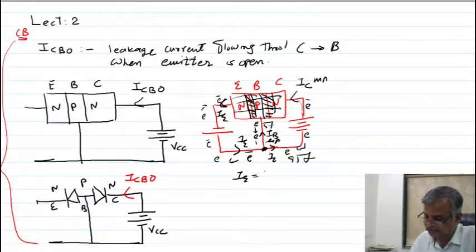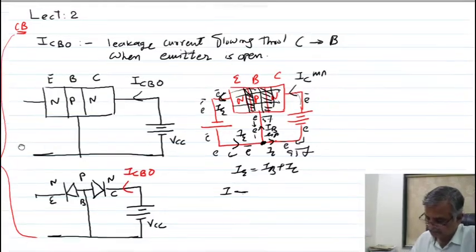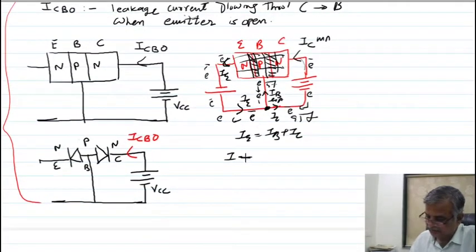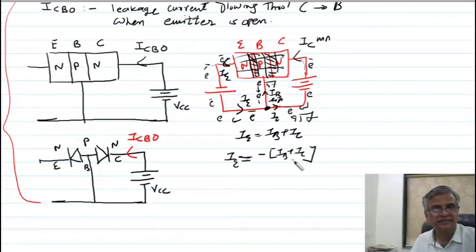So we have written IE is equal to IB plus IC, or we have written IE is equal to minus IB plus IC. Just to see the direction, this is your outward direction, this two is inward, this is outward, so we have written like this.